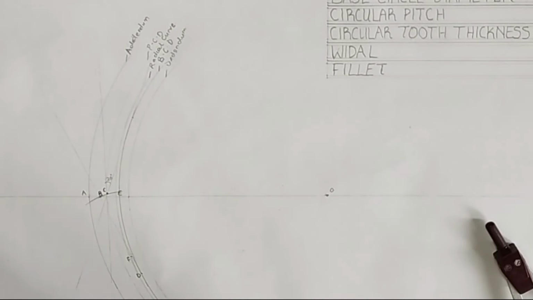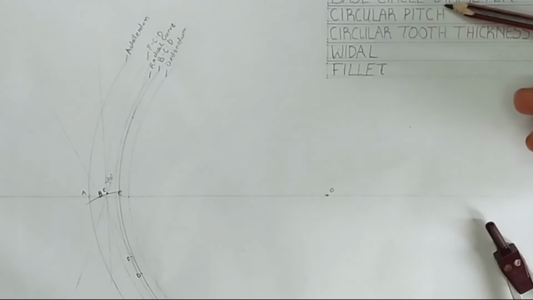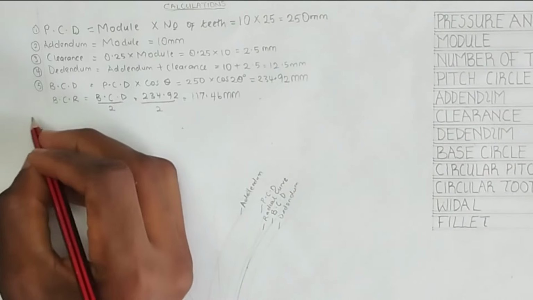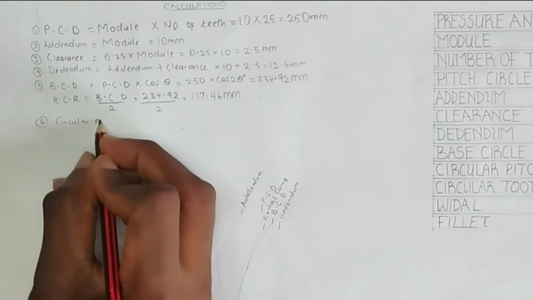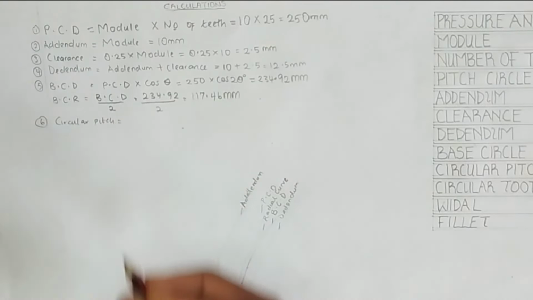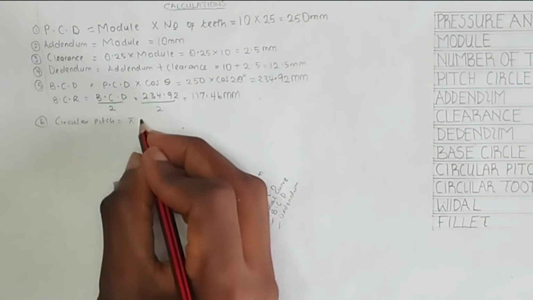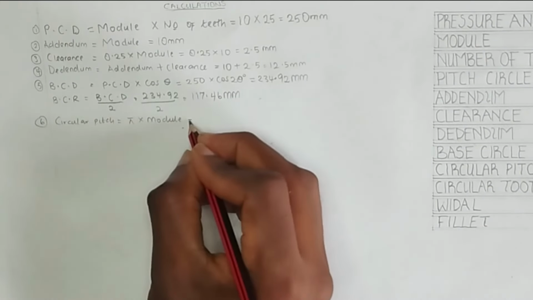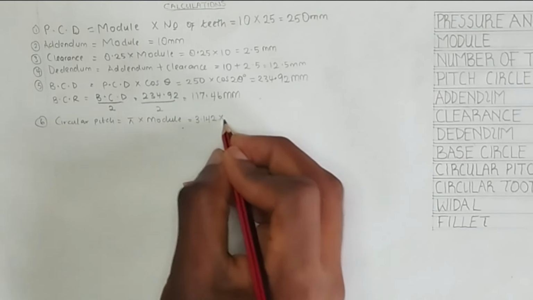So after finding our point C, the next thing we are going to do is to go back to our table and find our circular pitch. Let me write it here. And what is the formula for our circular pitch? Pi times module. This is the formula for our circular pitch. We have been given pi to be 3.142 times module.